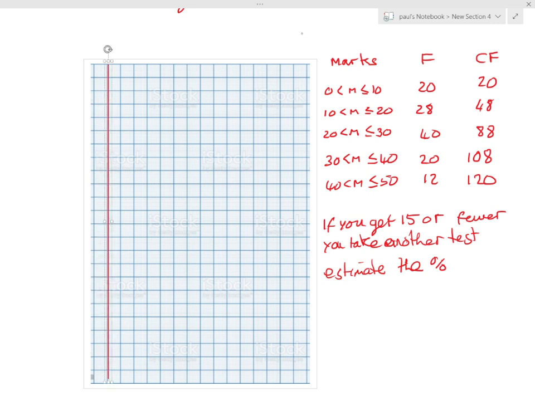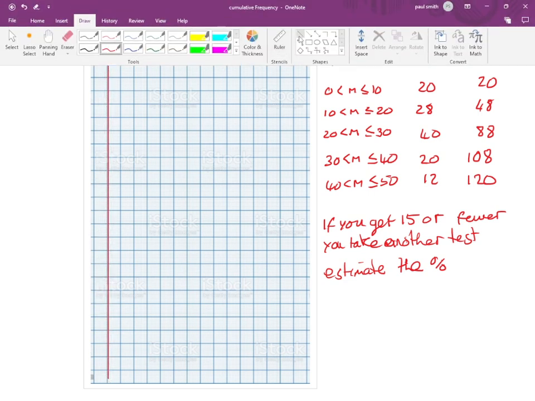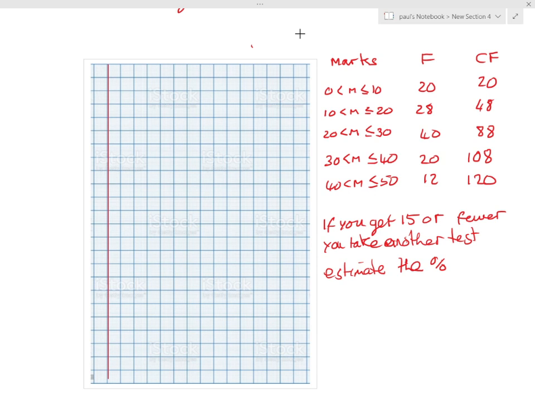So this is the bit that you're going to have to do. And what are we doing? Marks 10, 20, 30, 40, 50. So let's spread it out a bit. And this is labelled marks. This is the cumulative frequency. It goes up to 120.